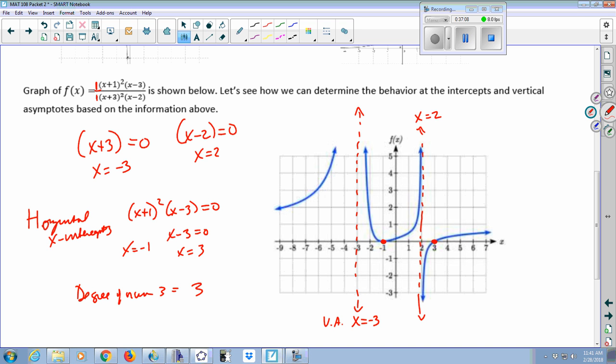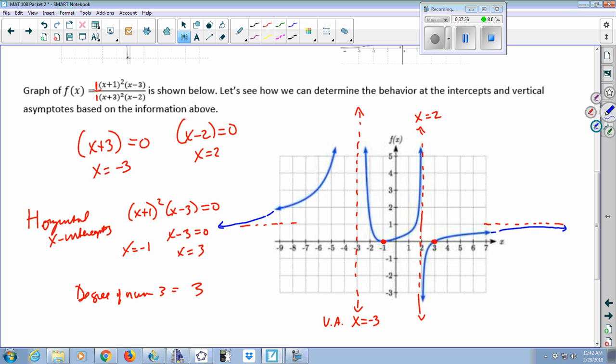Even if I multiplied all that out, I would just have an x cubed to lead off the top, and an x cubed to lead off the bottom. So 1, this horizontal asymptote, is what this blue line approaches as x gets large in the positive direction and as x gets large in the negative direction. It's way out in the end, so you don't have to bother putting those dotted lines through.